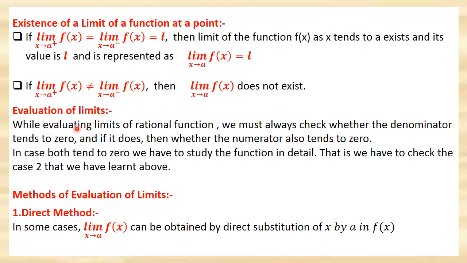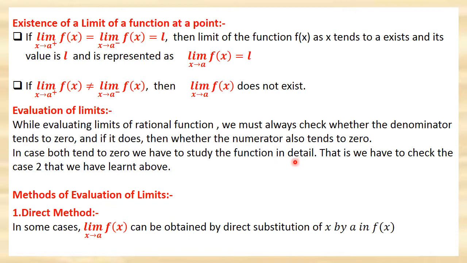So while evaluating the limits of a rational function, we must always check whether the denominator tends to 0. If the denominator tends to 0, then we check whether the numerator also tends to 0. If both tend to 0, we have to study the function in detail. That is, we will factorize the function and see whether any factor remains in the denominator or numerator.